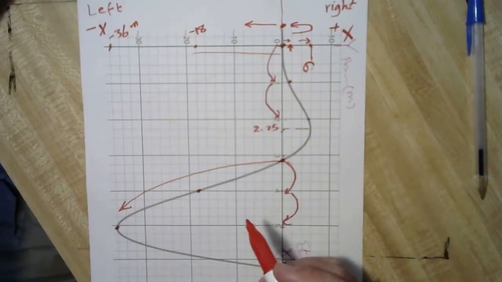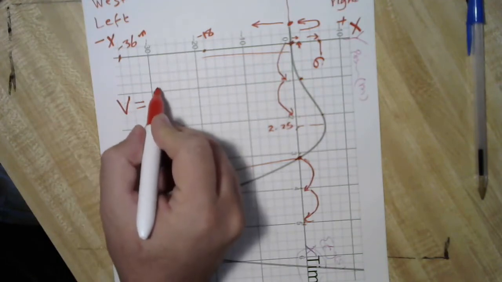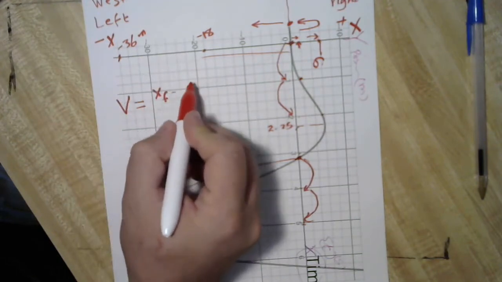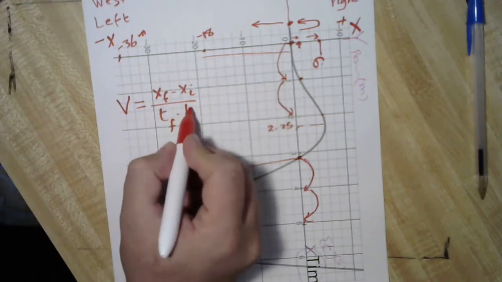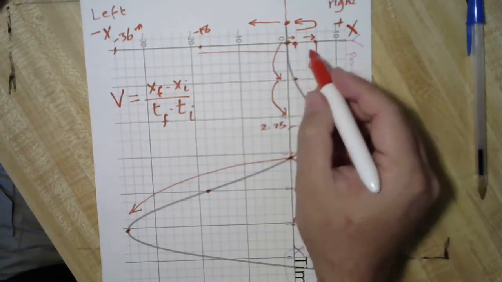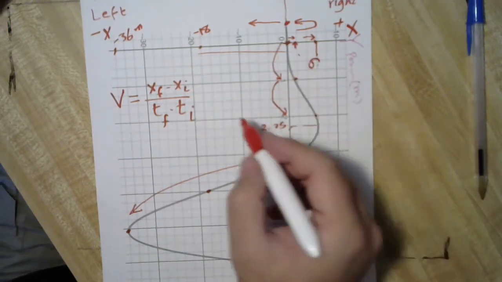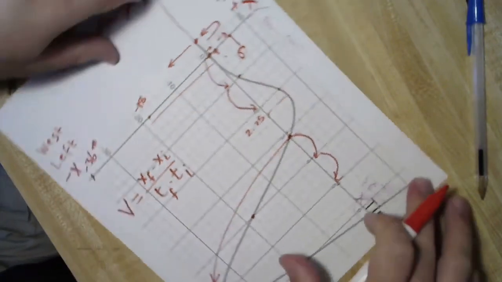It's easy. We know that velocity or speed is equal to x final minus x initial divided by t final minus t initial. We can use any x we need and any time we need to calculate the velocity, and that's what we will do now in our examples.